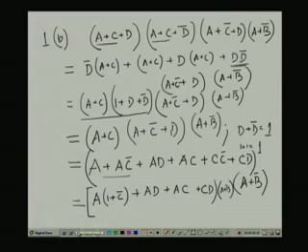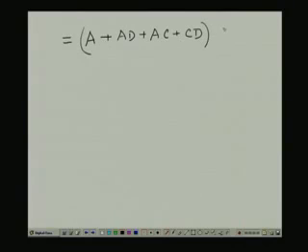Now 1 plus C bar is 1, so this becomes A plus A D plus A C plus C D, this into A plus B bar.